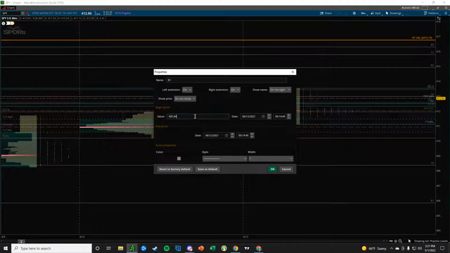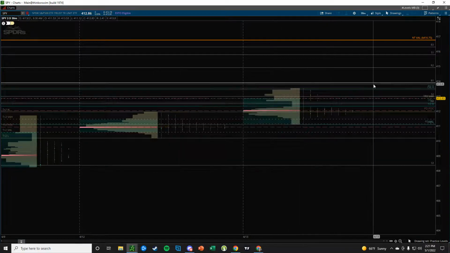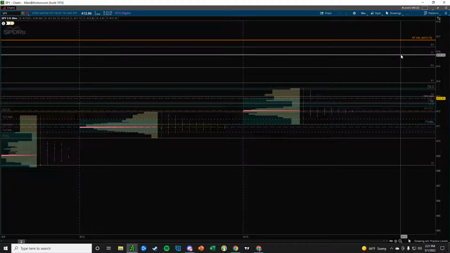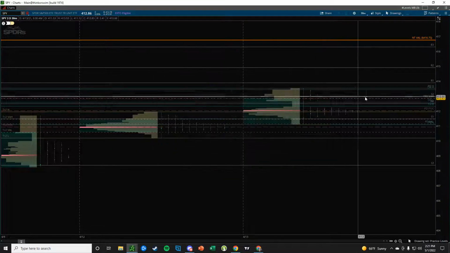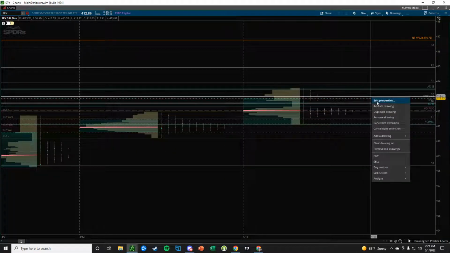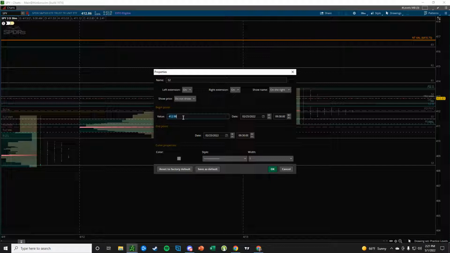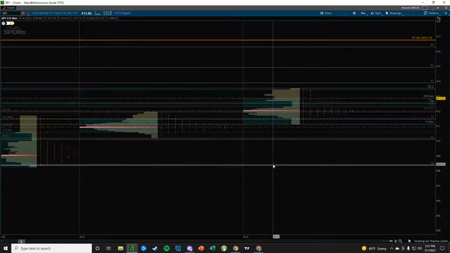We're almost done with this part. This is arguably the most time consuming, just drawing up the levels, because we haven't even actually started our analysis of what all these different levels are going to be telling us for the day. But having them as reference points, as you'll see, as we go through the process of figuring out what's going to be the high odds move, you'll see that they make sense.